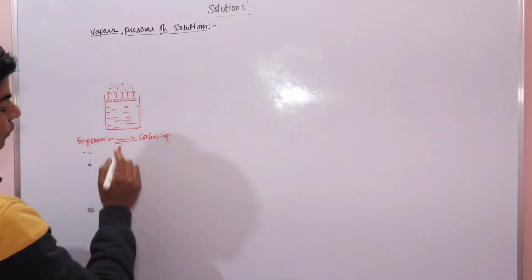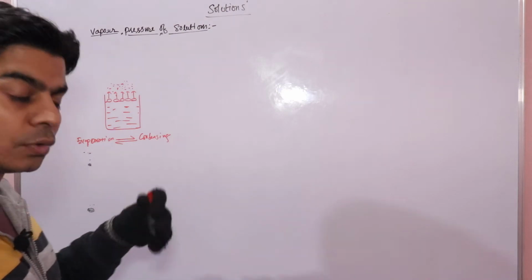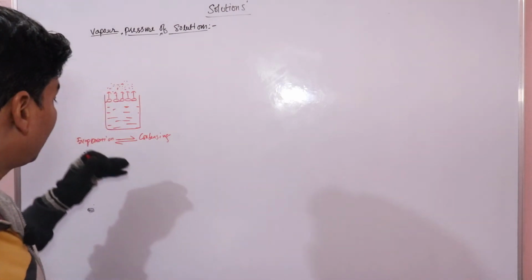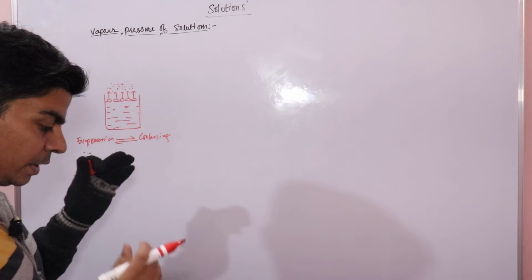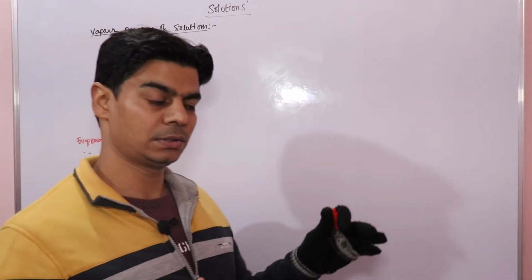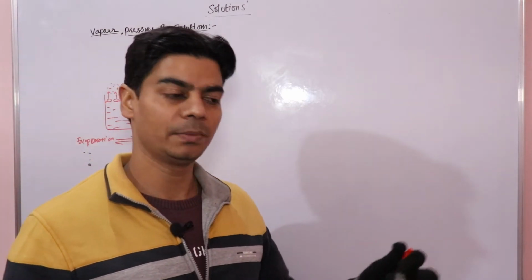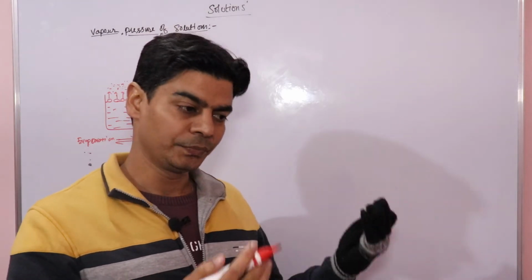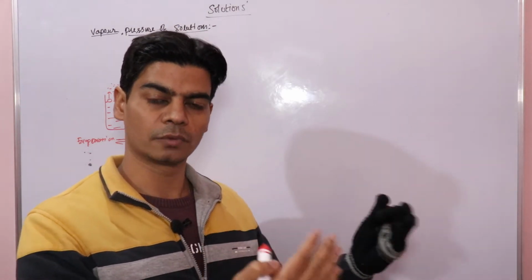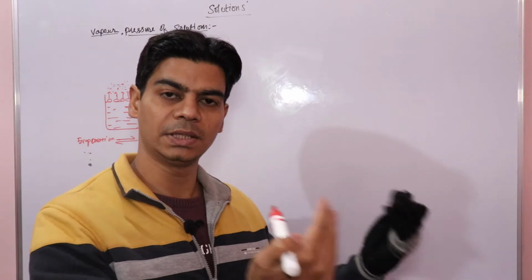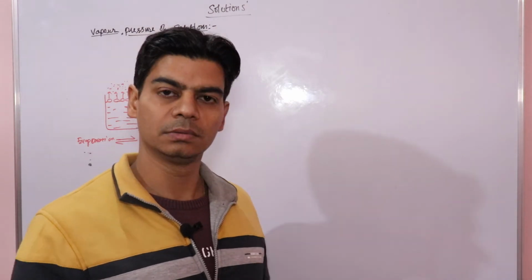Initially the rate of evaporation was high, and after some time, when the vapor phase has been built up, some of the vapor molecules will start condensing back into the liquid state.